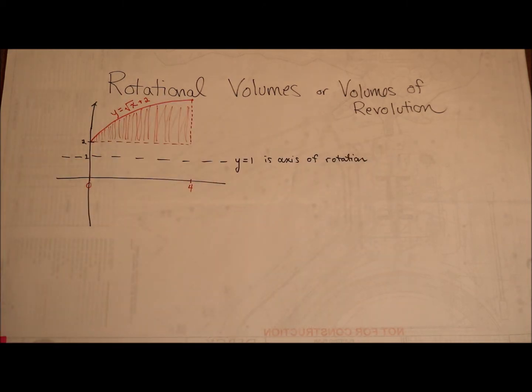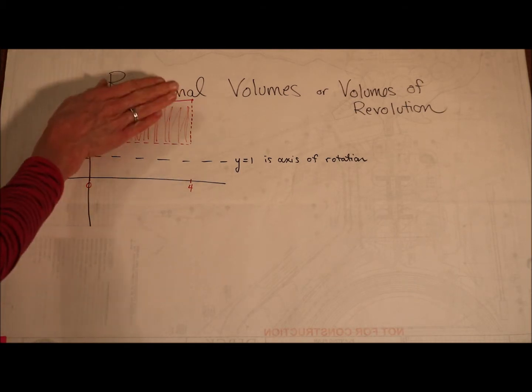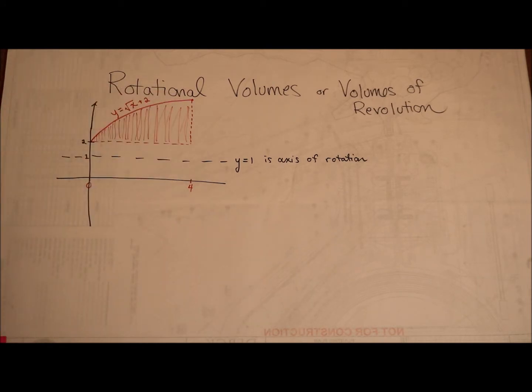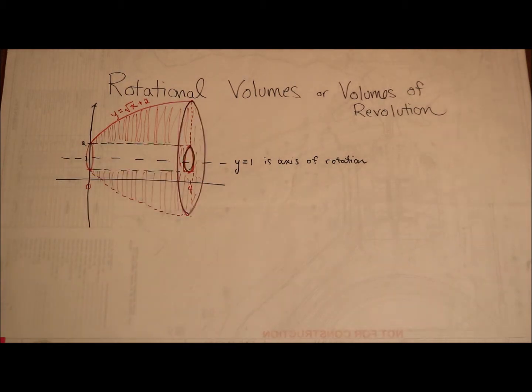So stop the video and try to sketch what you think this solid would look like after I take this area and I rotate it like a paddle around that line y equals 1. Did you get something like this? So it's kind of like a rounded out cone, but with an empty hole in the middle, with a cylindrical hole in the middle.